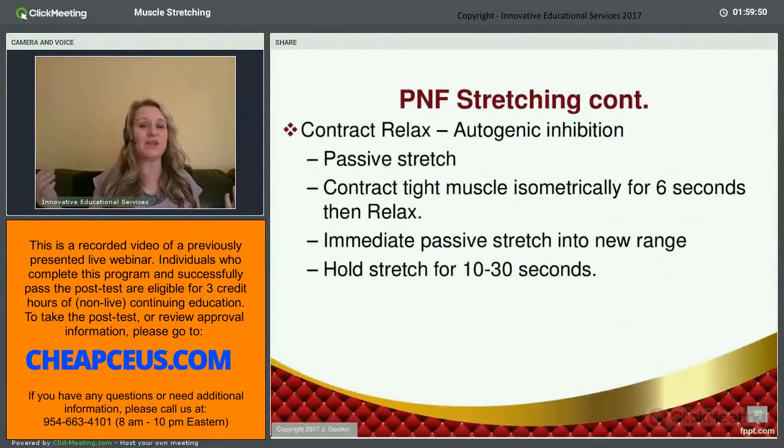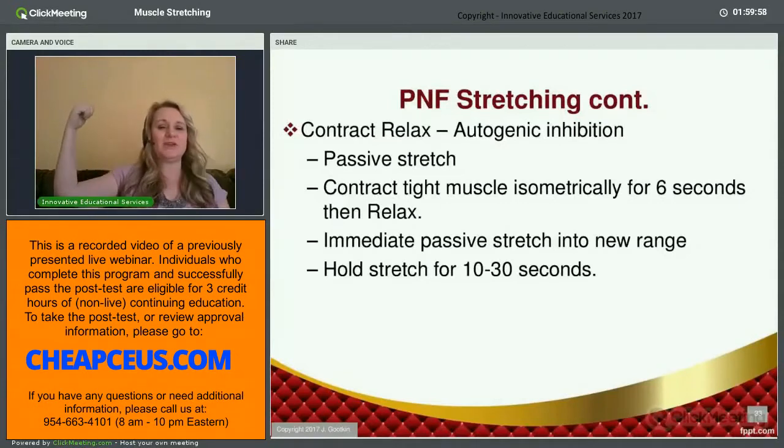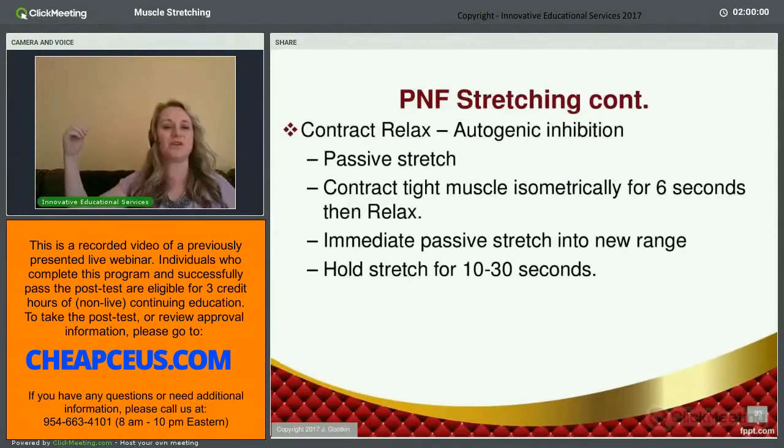One example of PNF stretching is contract relax. Some of you may know of it as autogenic inhibition. The idea is, I'll use my arm because we can fit it on camera here. So if my patient has tight triceps, I will take them to end range of motion elbow flexion.